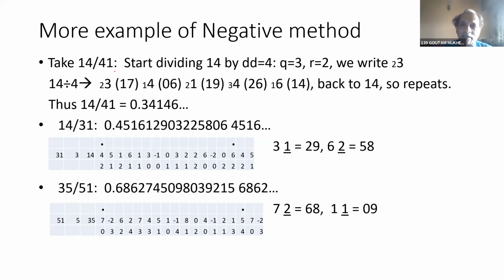I told you that in Vedic mathematics we sometimes use the vinculum method, 3 and 1 with the bar above. The vinculum notation equals 29. We handle negative numbers in a similar fashion in writing digits.